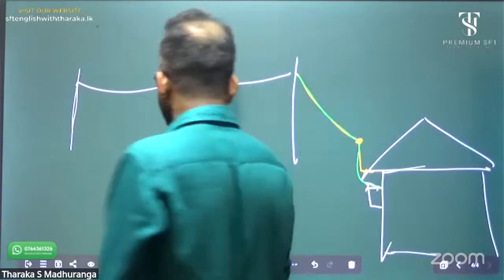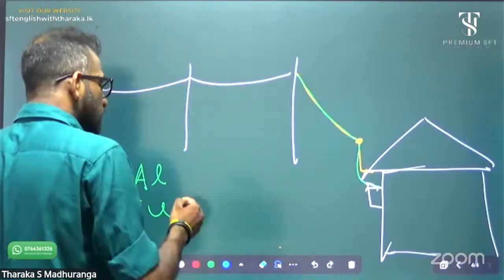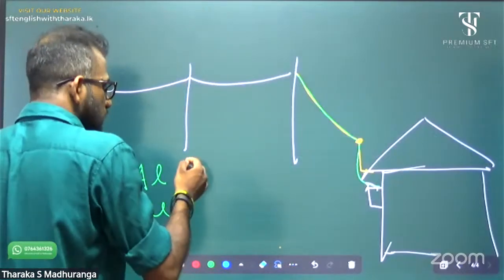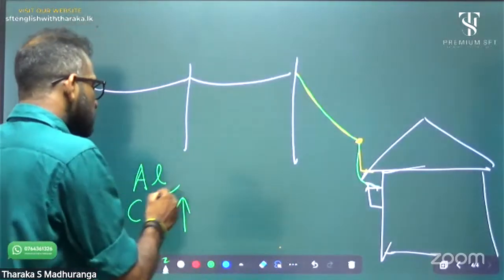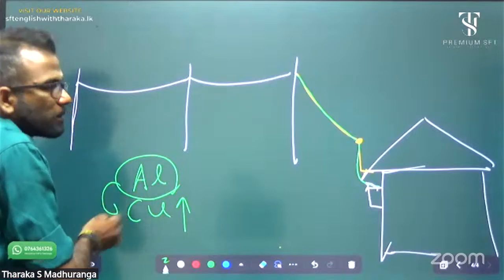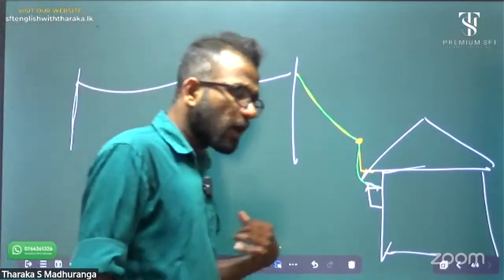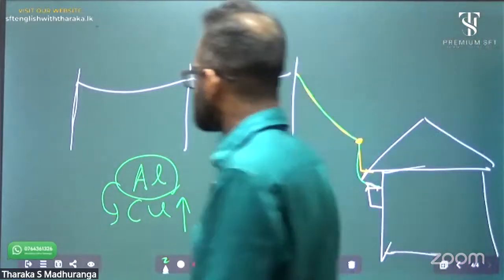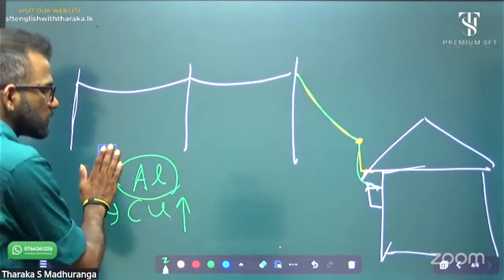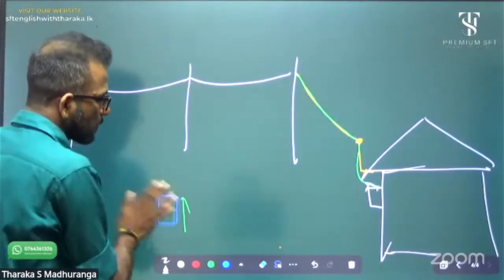If we use aluminium, the price is less. Aluminium is less expensive, but its conducting ability is less than copper. However, for transmission we use aluminium.